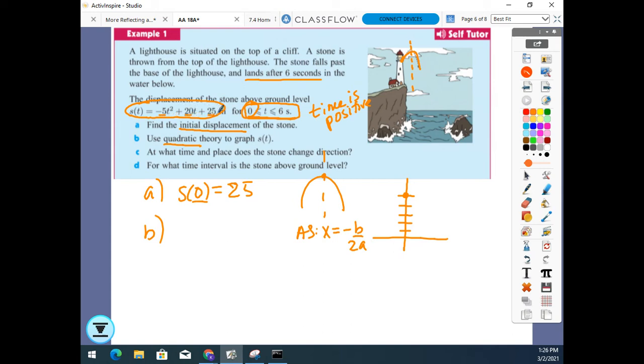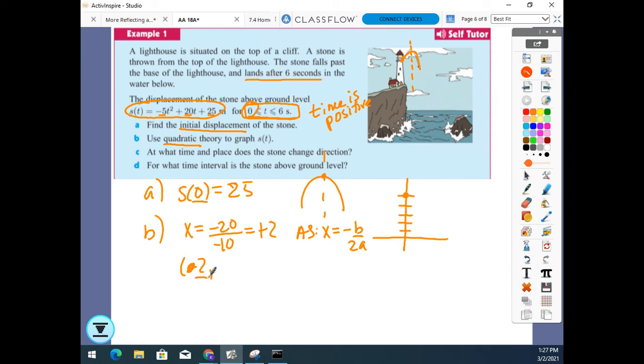A, B, C. So I'm going to find my x value by doing negative b over 2 times a, which is negative 2. Okay, so my x coordinate, oh, this is negative, sorry. So that makes that positive. So my x coordinate is 2.